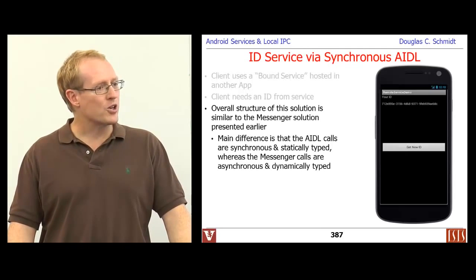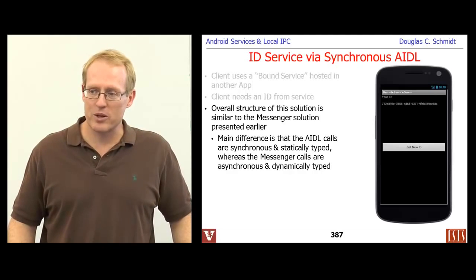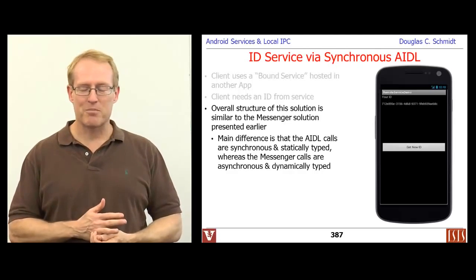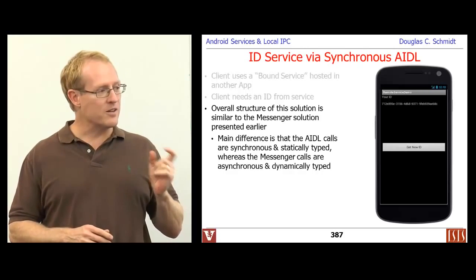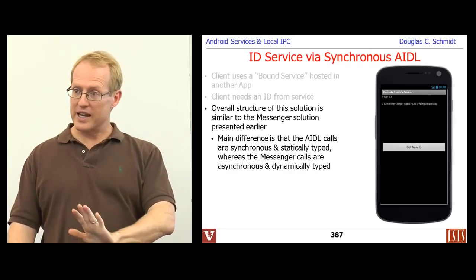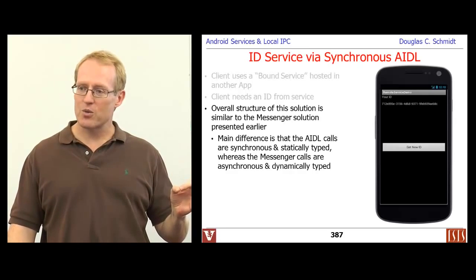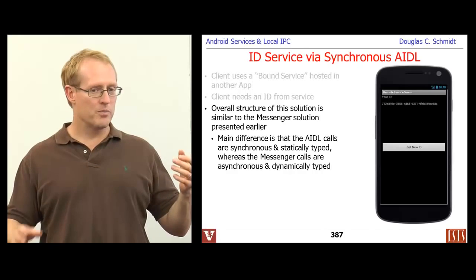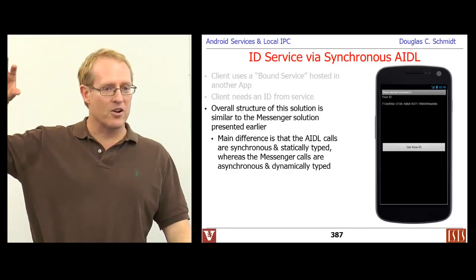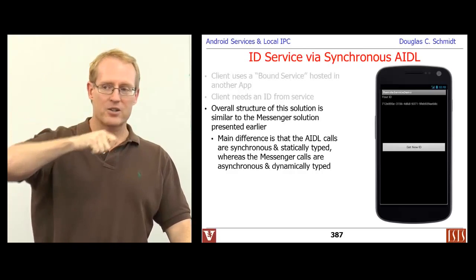The overall structure of our solution here is somewhat reminiscent of the messenger example we looked at before, especially the two-way messenger example. The main difference here is that in AIDL, the calls we're going to look at are going to be done synchronously. If you recall the messenger model, the onBind method on the service side created a binder object and returned it back to the client.